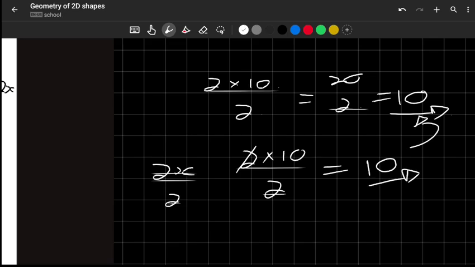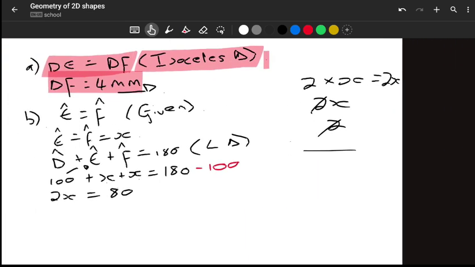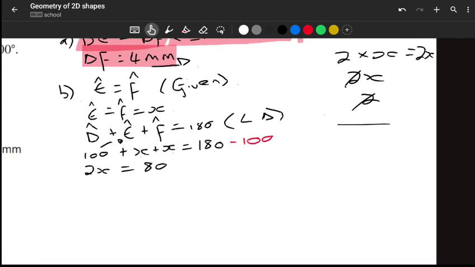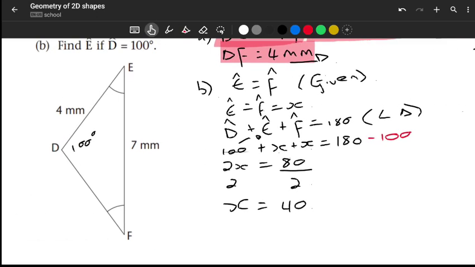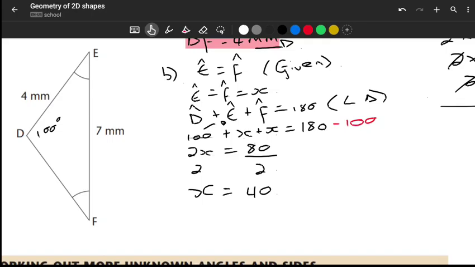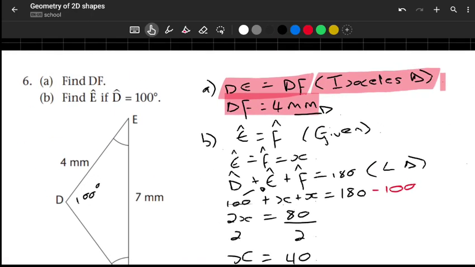Same answer, right? So essentially what we're doing here is we are cancelling this 2 the same way, right? So we're going to say divided by 2 here and divided by 2 that side, and then x is equal to 40 degrees, right? But remember, the question didn't ask you how much is x. The question asked you find E, right?